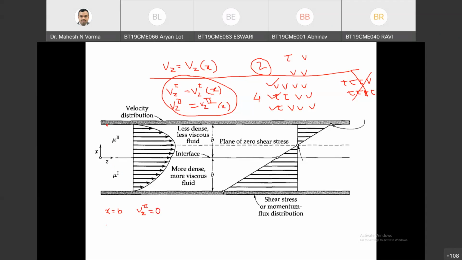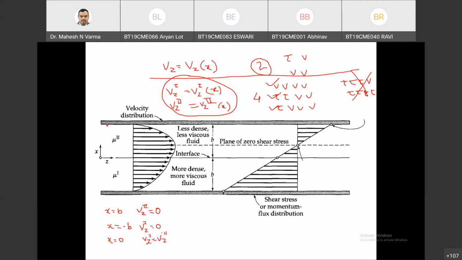What is another velocity condition? At x equal to minus b, Vz for phase 1 is 0. Then at x equal to 0, Vz for phase 1 will be equal to Vz for phase 2.